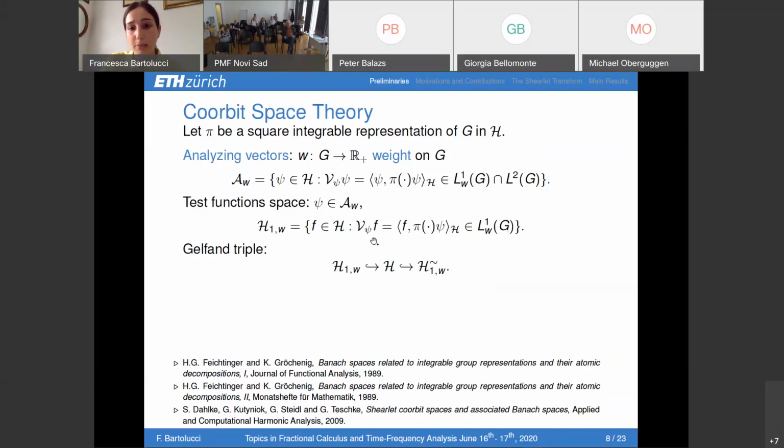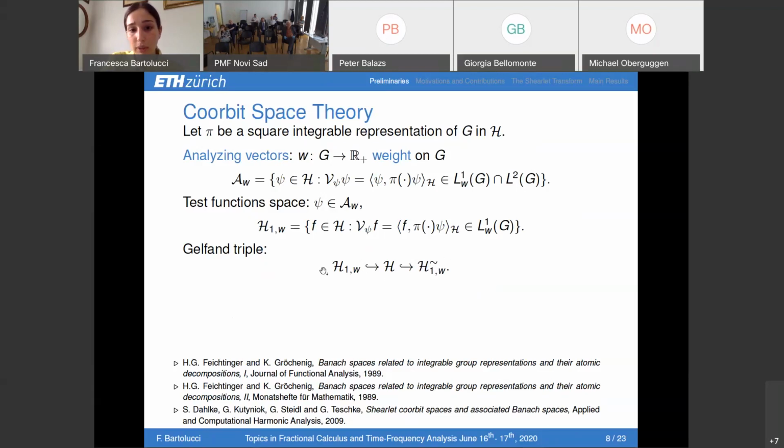This space is proved to be a Banach space, is proved to be invariant under the action of the representation pi, and it is also possible to prove that it embeds continuously and densely in H, and this ensures that H embeds in the antidual of the test function space H1W.